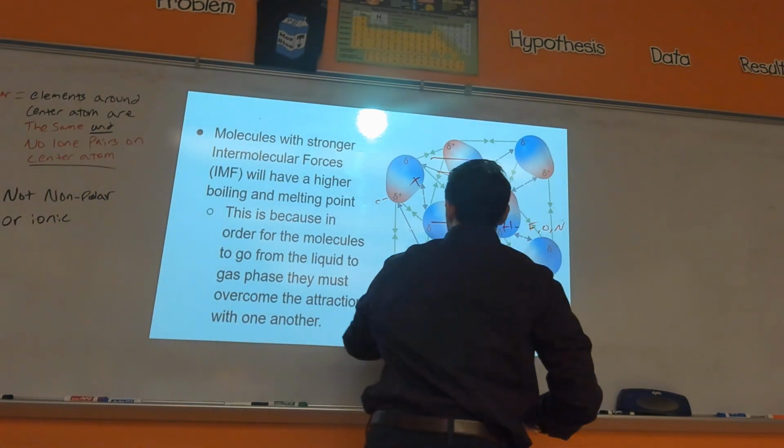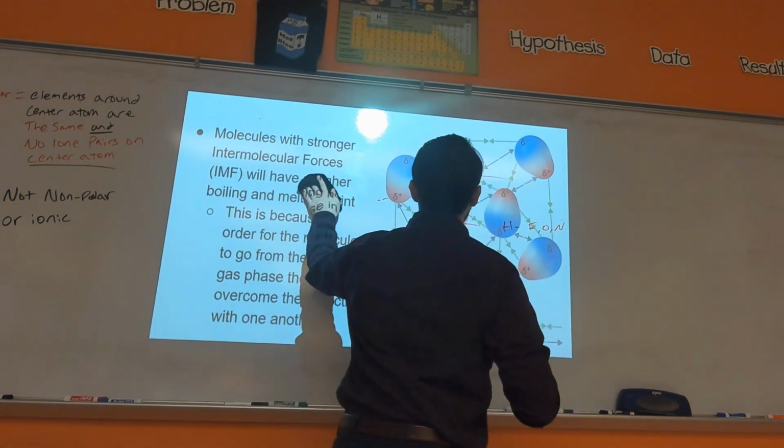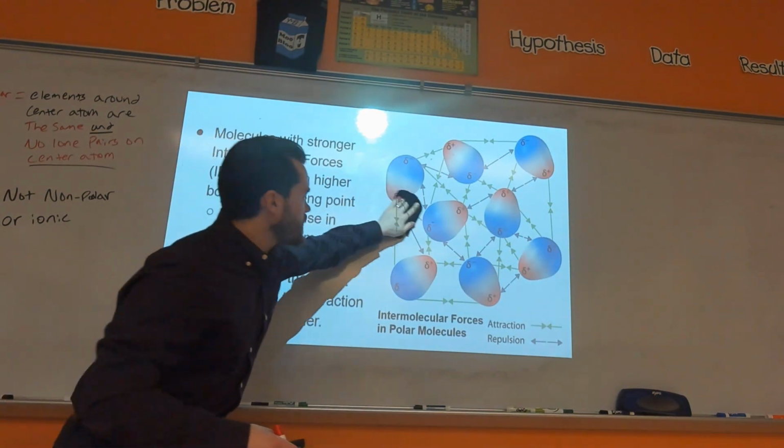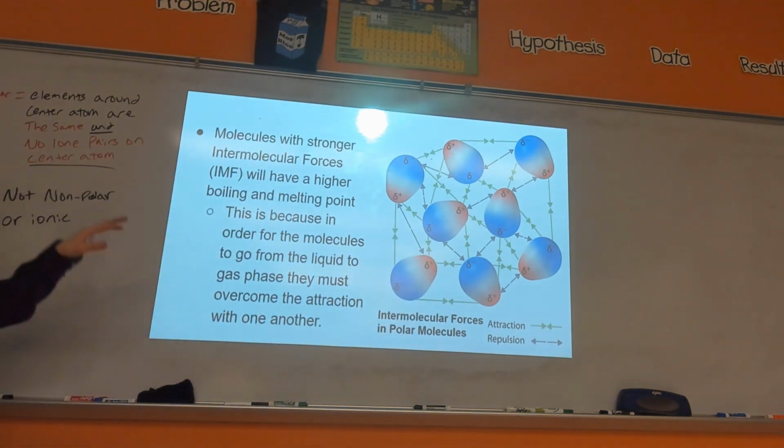Last concept is boiling point and melting point. If you look at these molecules here, this is a dipole-dipole interaction, right? You've got the partial negative, partial positive. So here are the intermolecular forces between those molecules, that attraction there.